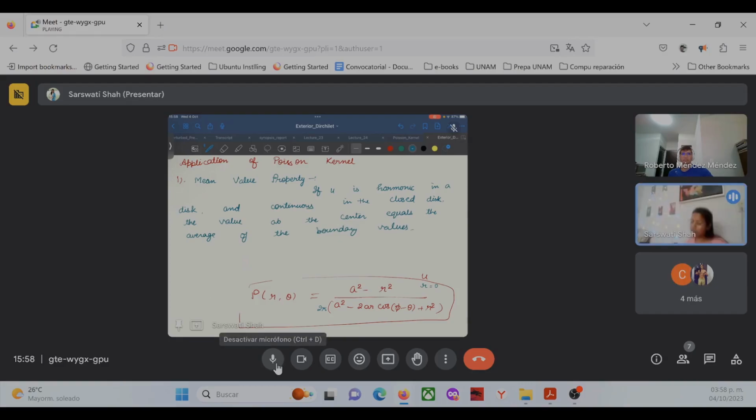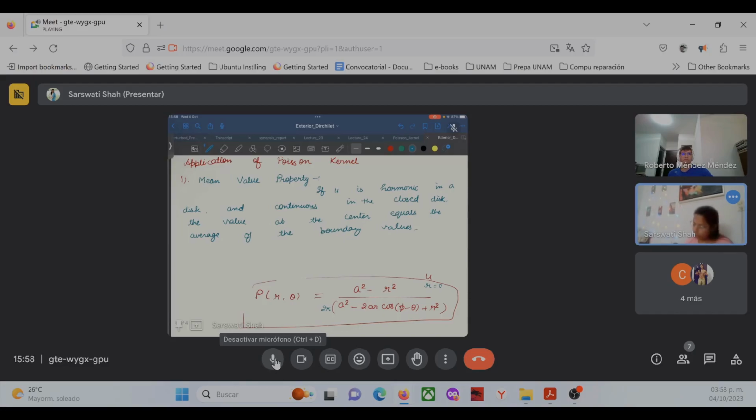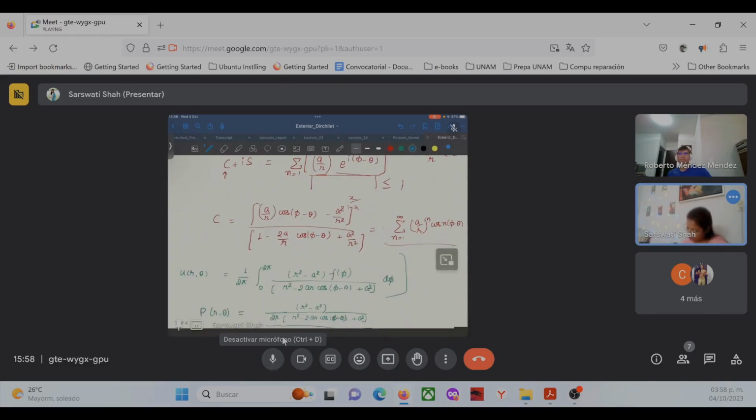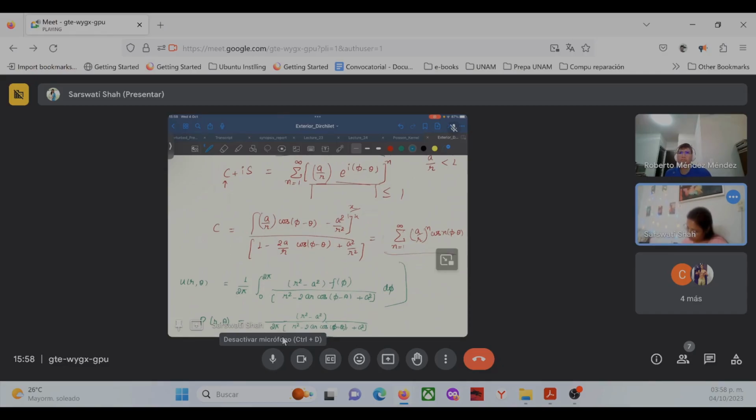Am I making a mistake? It should be 1 over 2 pi here. Oh, so it is asking about the value of the Poisson kernel, not the Poisson. Oh, Poisson kernel.